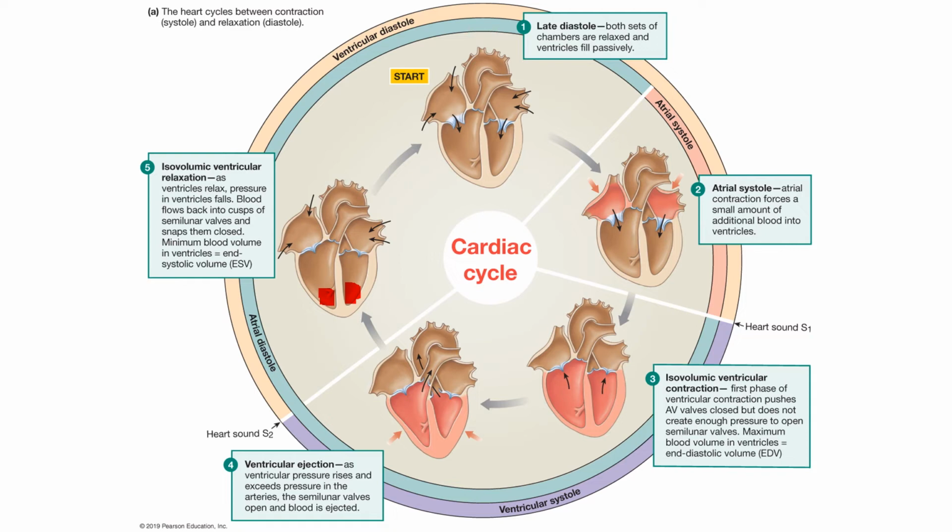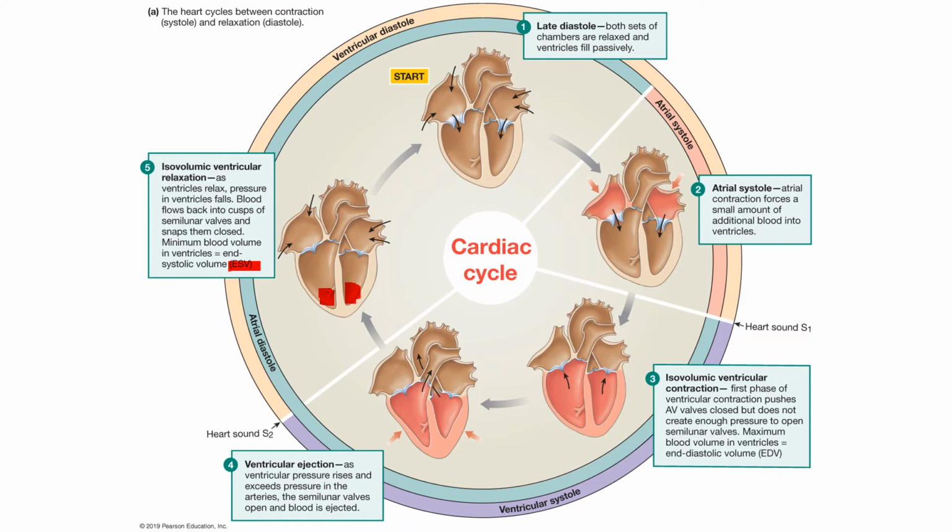And this blood is not going to go anywhere because the semilunar valves have already closed and your atrioventricular valves are still closed. And so we refer to that blood that's left in your ventricles as the end systolic volume. Why end systolic volume? Because your ventricles have already gone through systole, which is contraction, and that blood is still left over, so that's why we call it the end systolic volume.